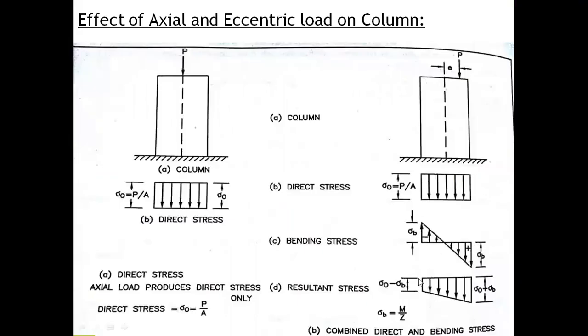Here, let us take the column which is subjected to eccentrical load. Due to this eccentrical load, are the overall resultant stresses the same? No. At the edge of the column where the load acts, there is a maximum resultant stress. On the other edge there will be the minimum resultant stress.